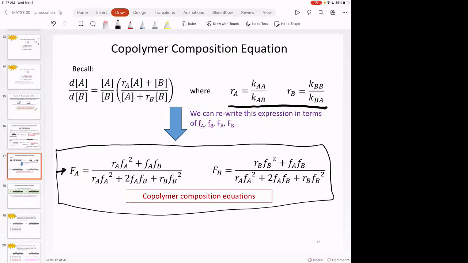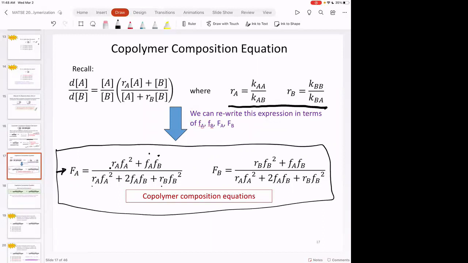Because if you look at these equations, you've got reactivity ratios. We can look those up. We've got mole fractions. We can figure those out just like we can figure out concentrations.